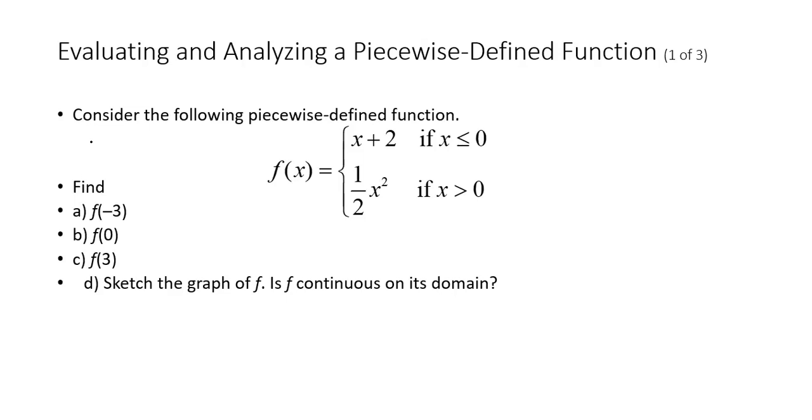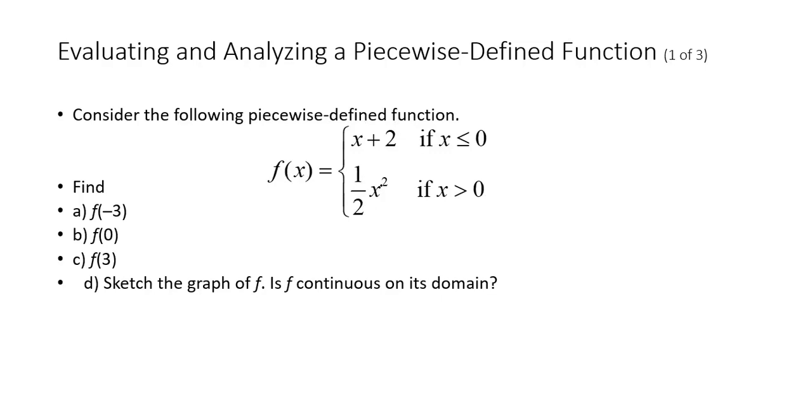In this example, let's consider the following piecewise-defined function. They're saying that if x is less than or equal to 0, your function would have this equation, x plus 2. It's a straight line. However, for x greater than 0, your f of x is not a straight line anymore.